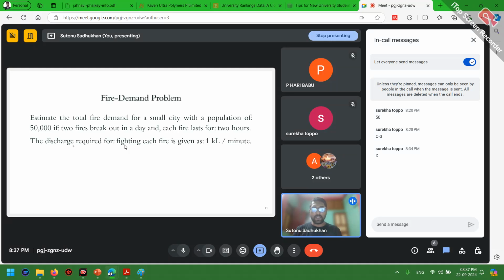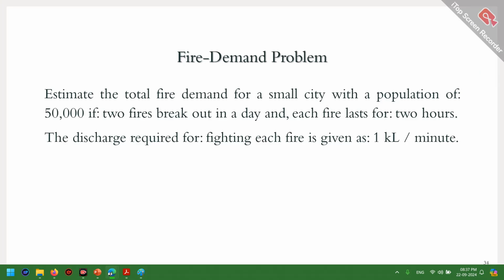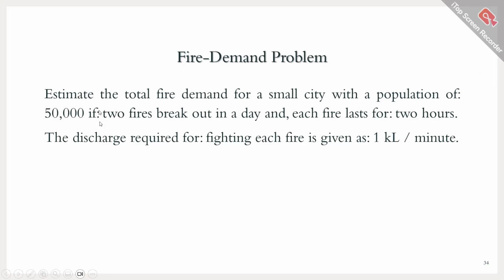I'll wait for 3 minutes for this problem. All of you should calculate this and type the answer in the chat box. You can take per capita demand also, or you can give me the total demand, whichever you like. If you are calculating the per capita demand, then you have to divide the total demand by 50,000.